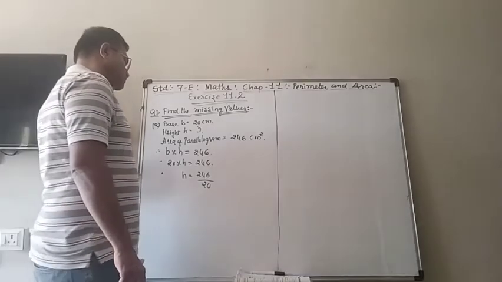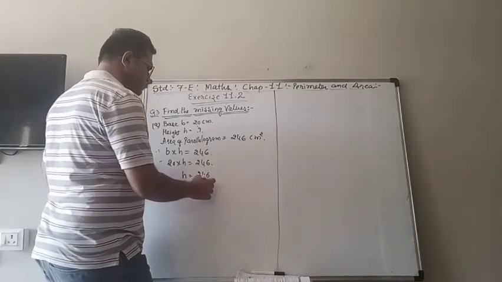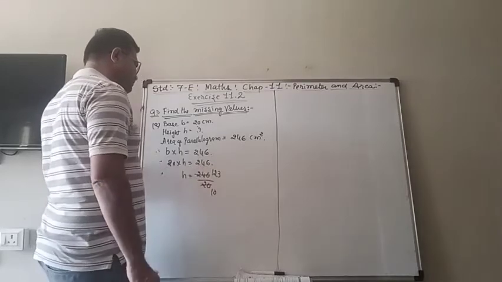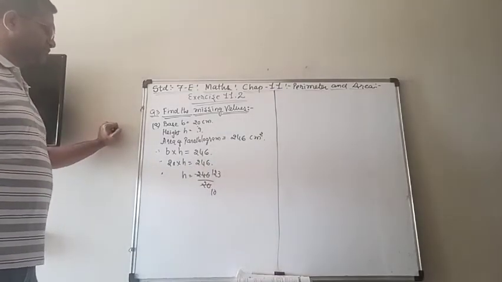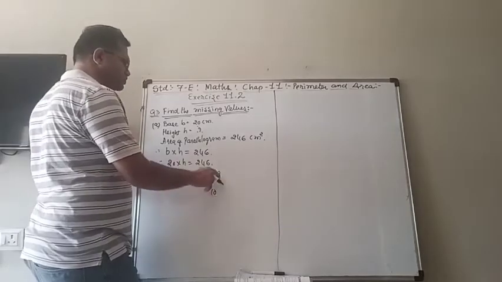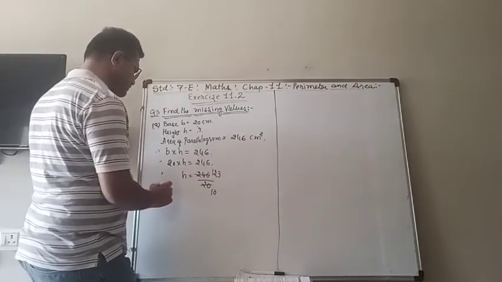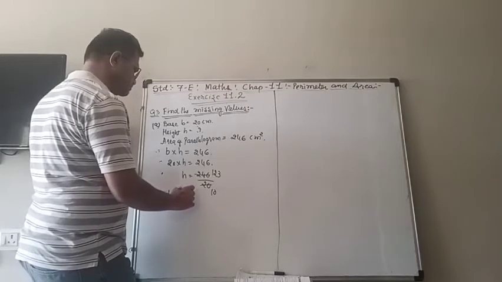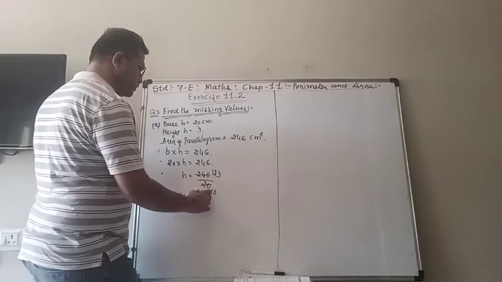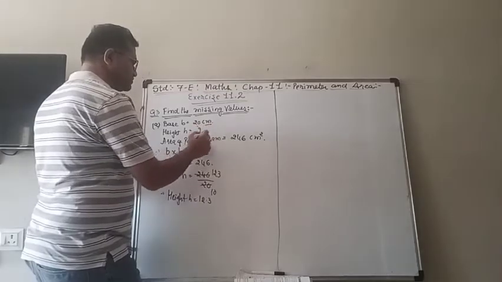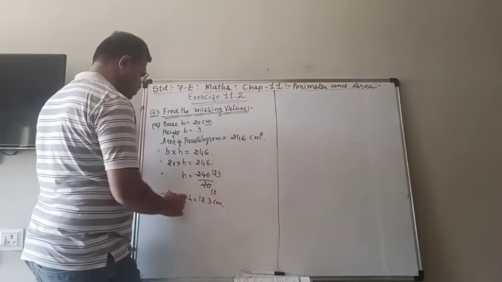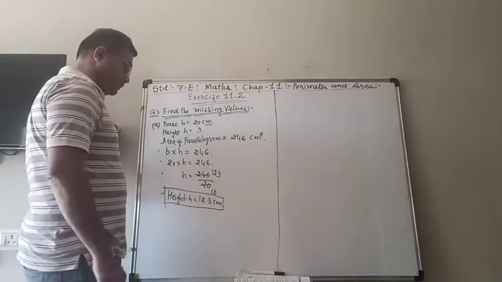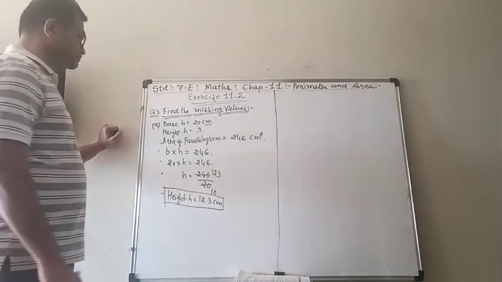Now we can divide by 10, and 123 goes into 246. Since it is 10, you can put one decimal. Therefore, height H is equal to 12.3. Now this is in centimeter, so the unit of the height is also 12.3 centimeter.